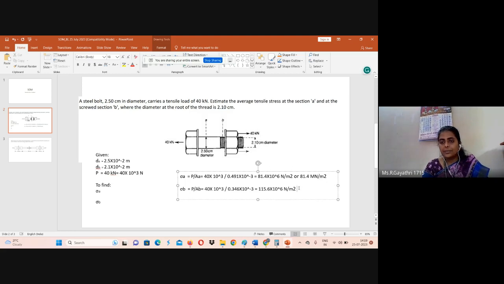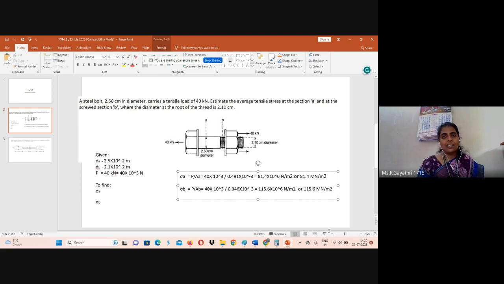Similarly, 115.6 into 10 power 6 Newton per meter square can be written as 115.6 mega Newton per meter square.